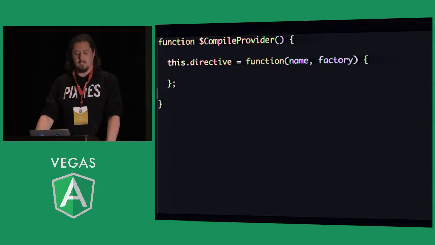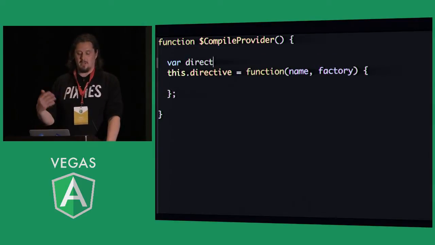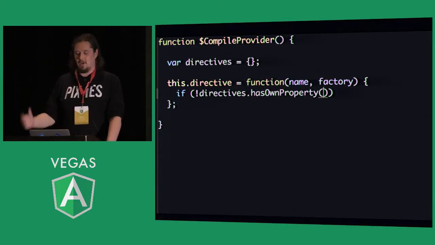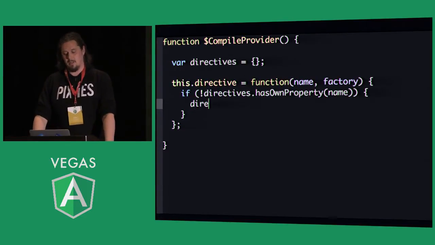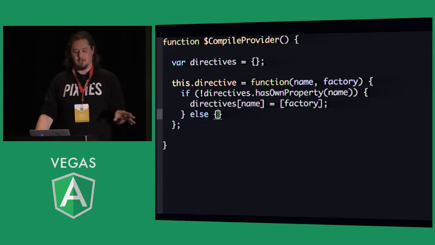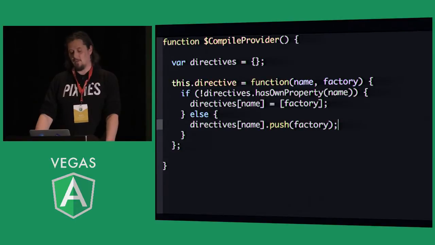And what it does is it puts those things into this internal storage it has inside this provider, this object here. And one thing about this is that in Angular directive names are not unique, so we need to support the fact that for each name there may be several directive factories. So what we have here is actually an object in which the keys are directive names and the values are arrays of directive factories.